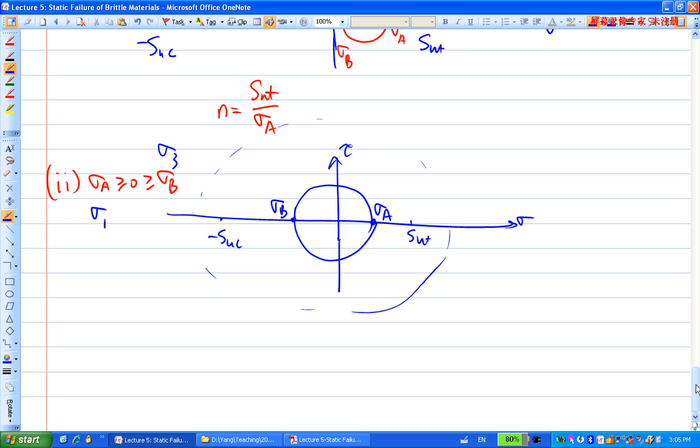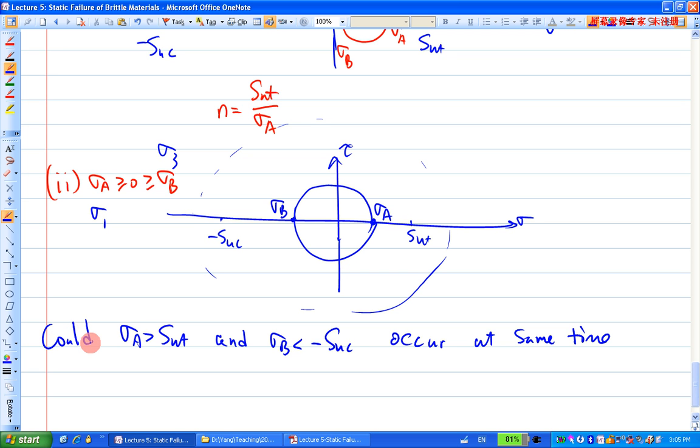So under this case, both could happen at the same time. You could have sigma A greater than SUT and sigma B less than negative SUC occurring at the same time. It could.